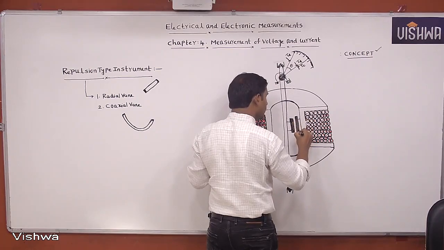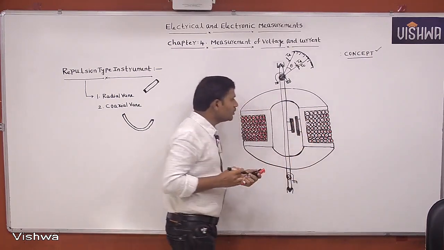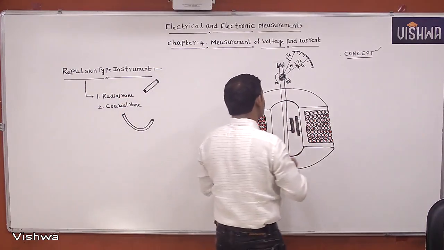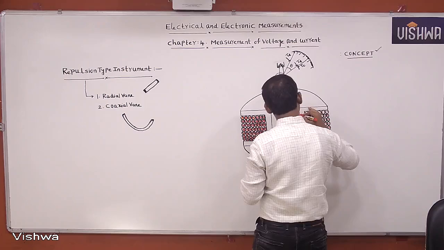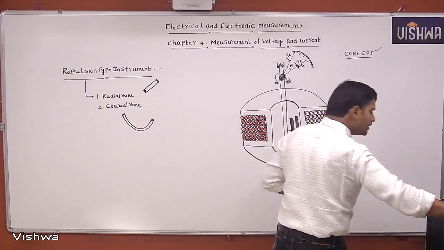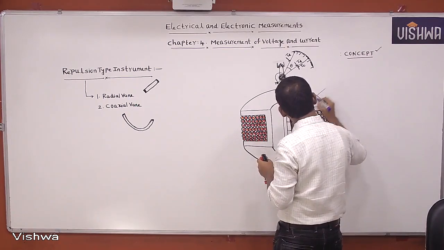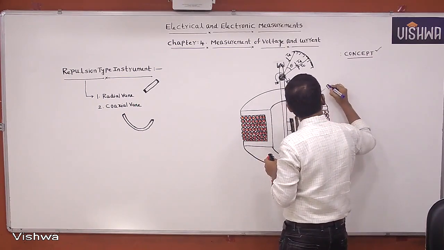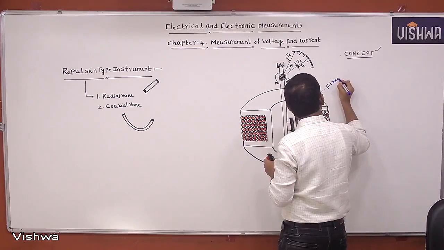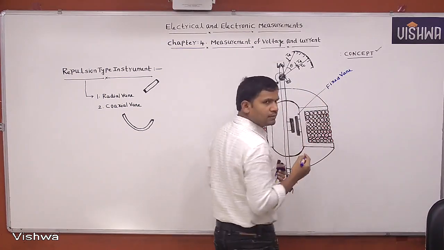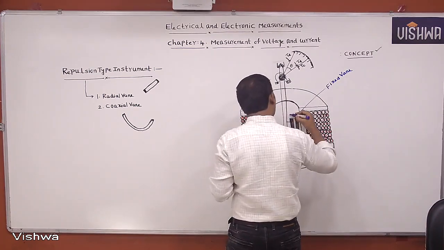One is a fixed vane and the other one is a movable vane. This iron piece is movable. This is the fixed vane, the fixed iron piece. And this is the movable vane.